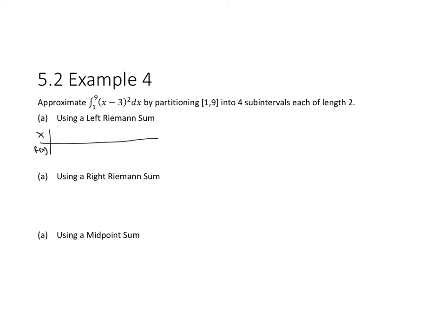So we're going to start at 1, and if I take 9 minus 1 and divide by 4, I get 8 over 4. So the width of each of my intervals is going to be 2. My first one's 1, then 3, then 5, then 7, and my last is 9. So I go from 1 to 9 with 4 intervals, each of width 2.